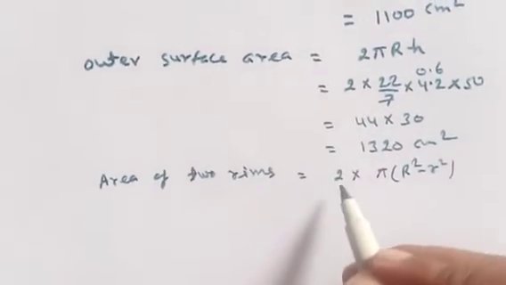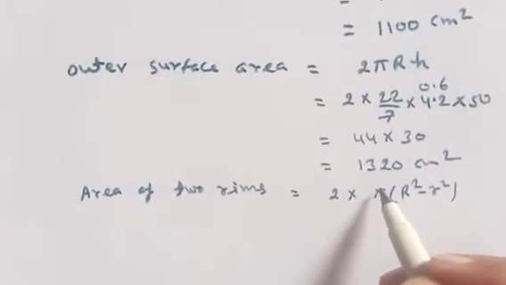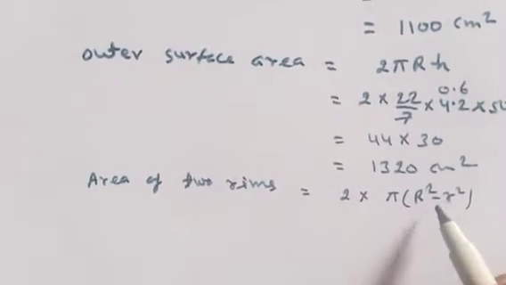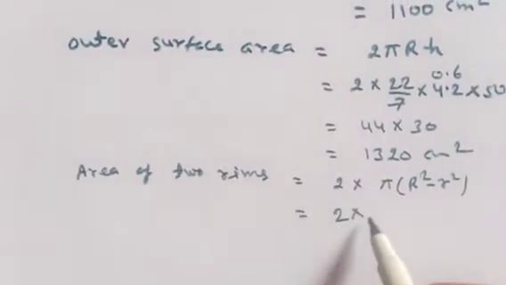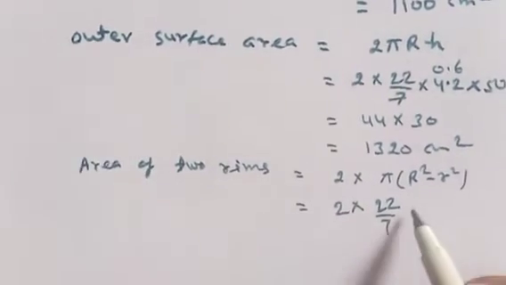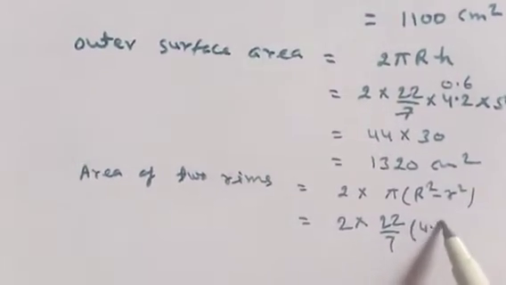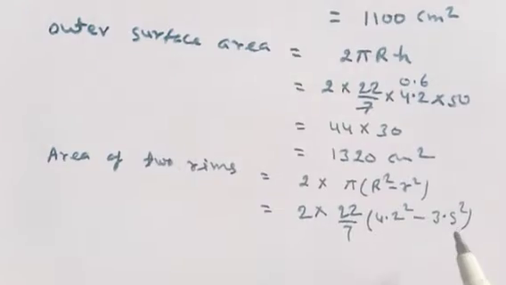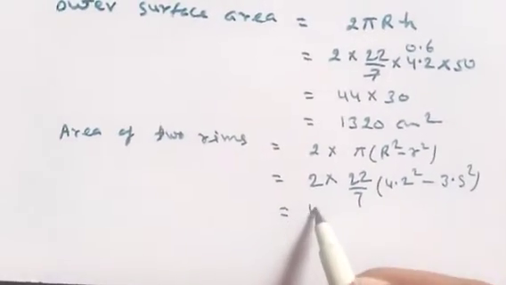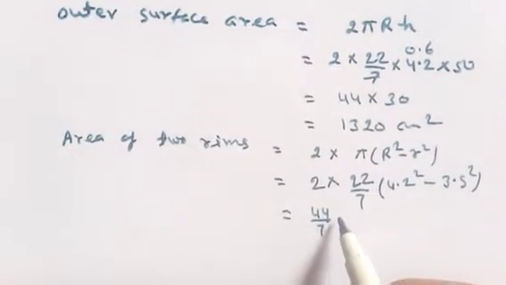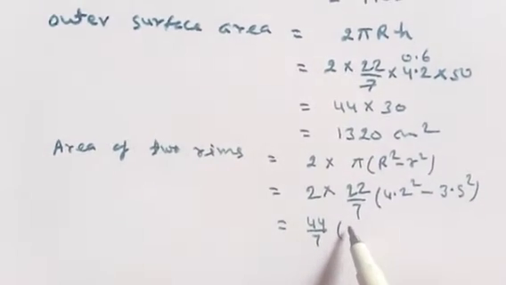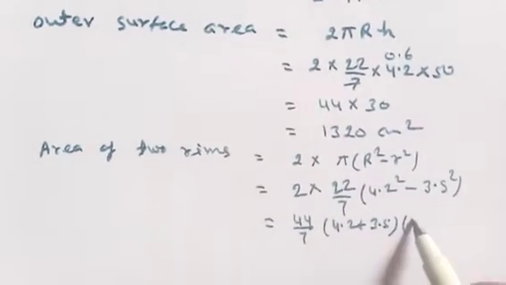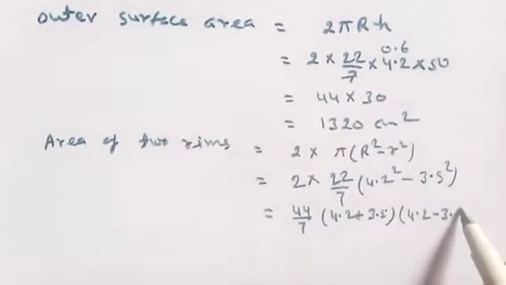Here two rims, so we multiply 2 with area of one rim, so equal to 2 into 22 by 7 into 4.2 square minus 3.5 square equal to 44 by 7 into 4.2 plus 3.5 into 4.2 minus 3.5.